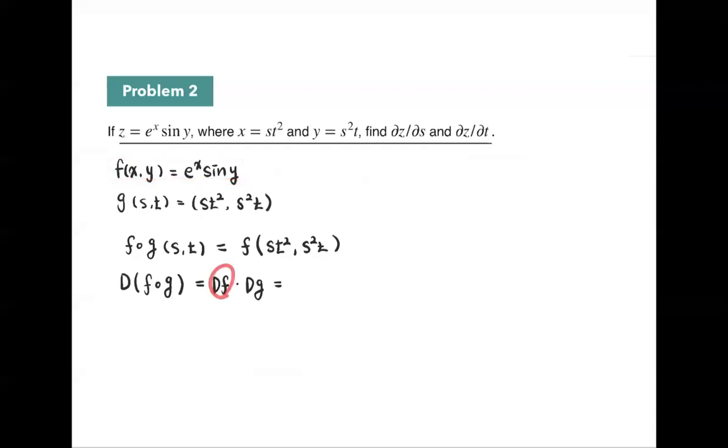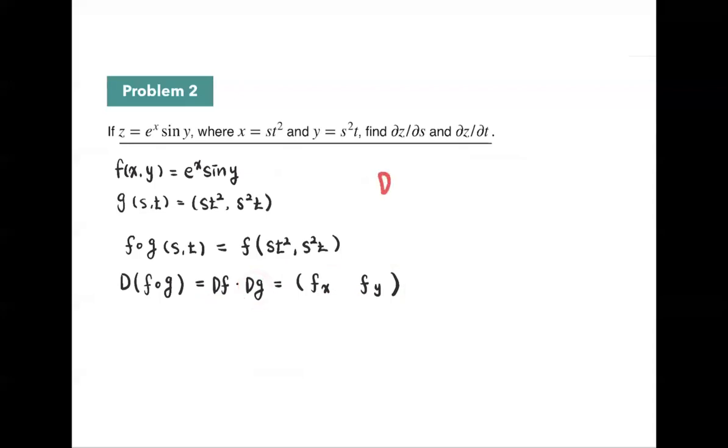The f is just fx and fy. It is the same thing with the gradient f, but the f is the matrix notation. So I write like this, and times dg is this matrix.